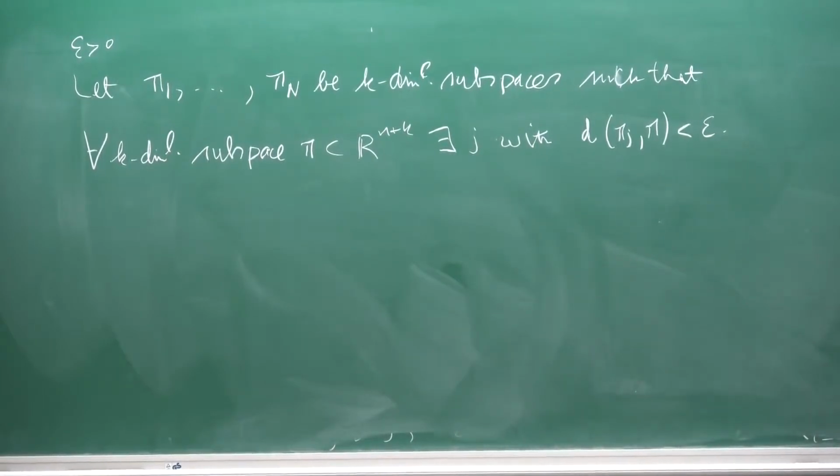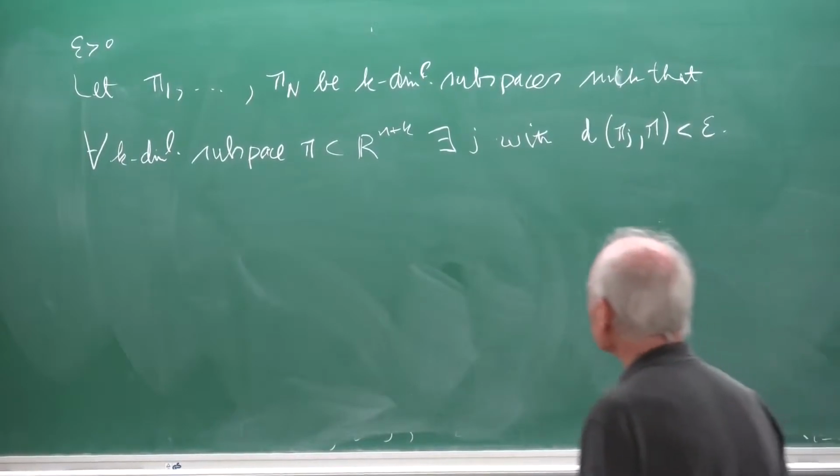You can do that because the Grassmannian of k-dimensional subspaces is a compact manifold, right? So it's compact, so you can certainly do that. Just find finitely many k-dimensional subspaces which get close to every other k-dimensional subspace within epsilon. So do that first.